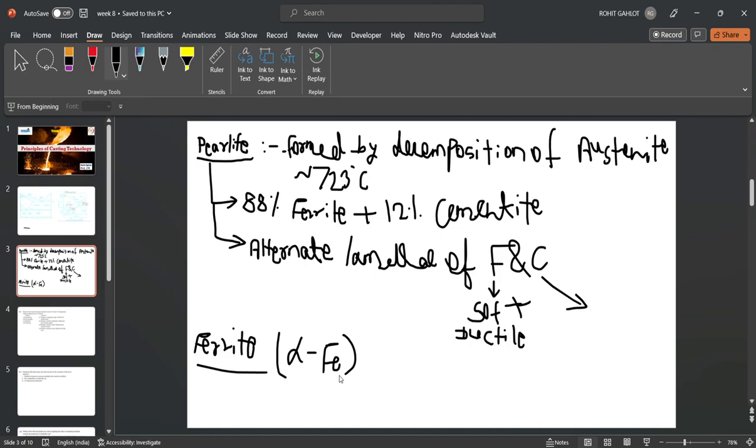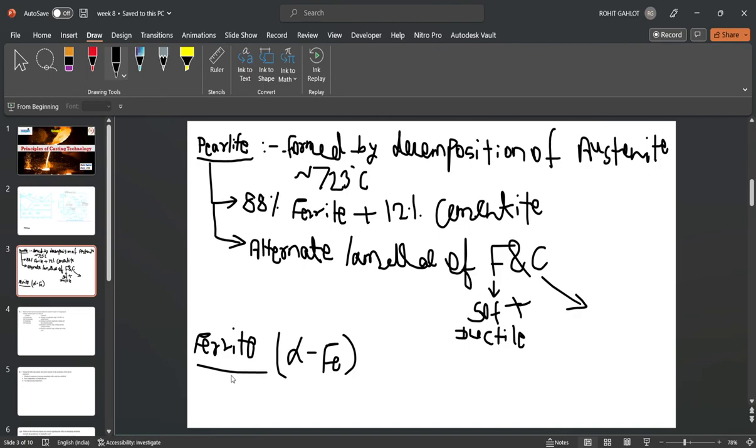Then the second thing, ferrite, is like alpha iron, a solid solution of carbon in alpha iron. The carbon atoms are dissolved interstitially in the BCC structure here, and the maximum solubility of carbon is around 0.025% at around 720 degrees centigrade.